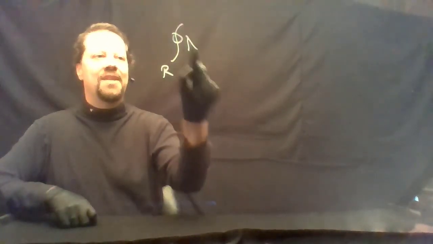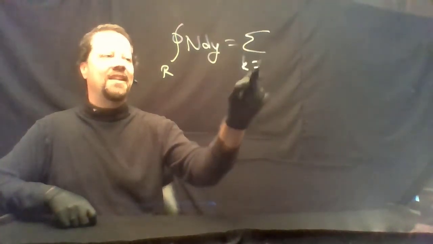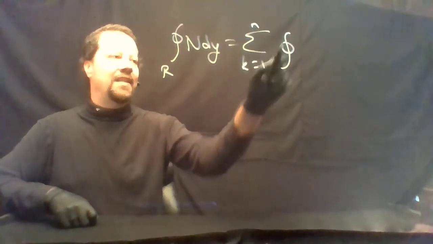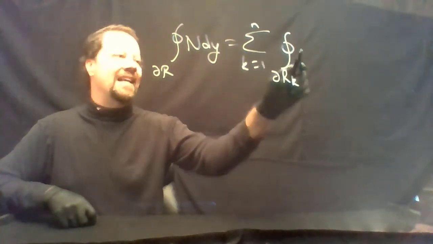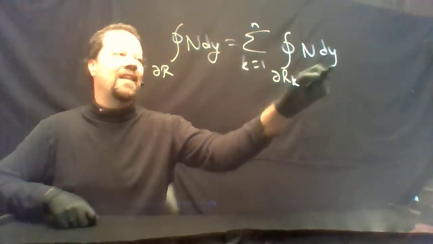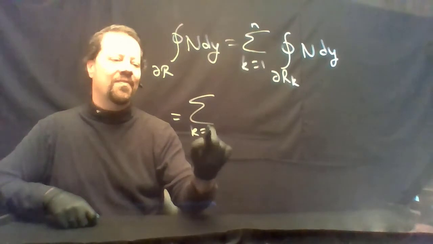We'll partition the region just like before and express this as the sum as k goes from 1 to n of the integral around the boundary of the R sub k's of n dy. And we'll use Taylor's theorem just like before.